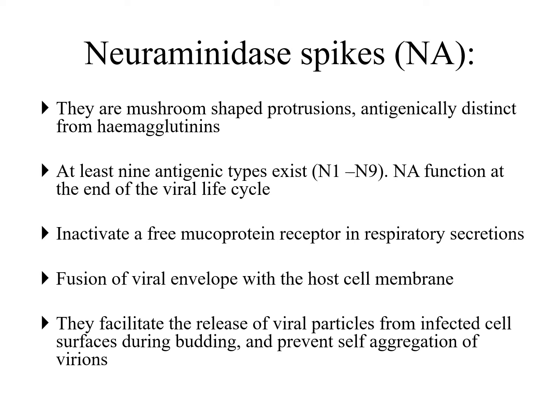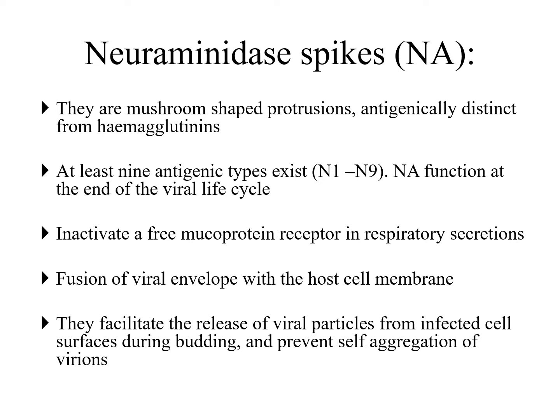The neuraminidase spike has a mushroom-shaped protrusion. There are 9 types of the neuraminidase from N1 to N9. When we talk about humans, mostly N1 and N2 are present in humans, while the other types of neuraminidase spikes are present in other animals.